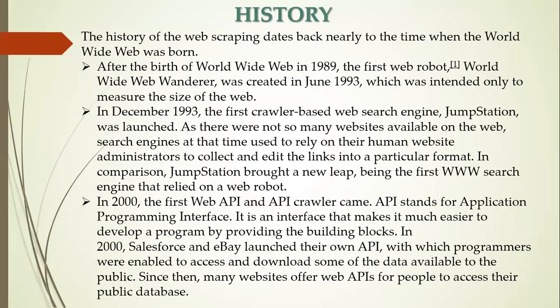In 2000, Salesforce and eBay launched their own API with which programmers were able to access and download some of the data available to the public. Since then, websites offer web APIs for people to access their public database.